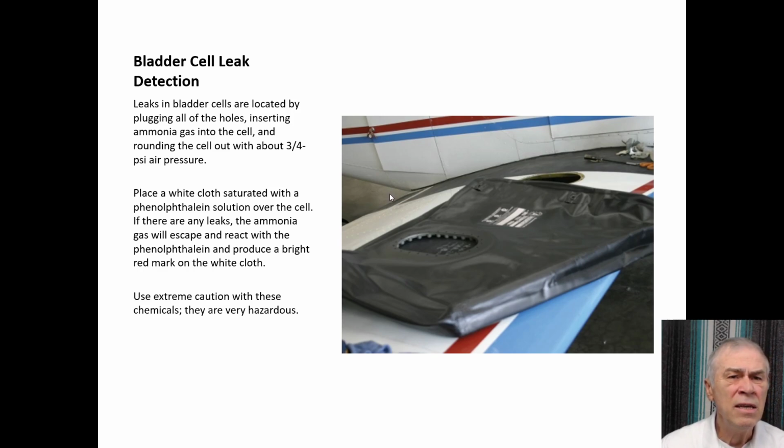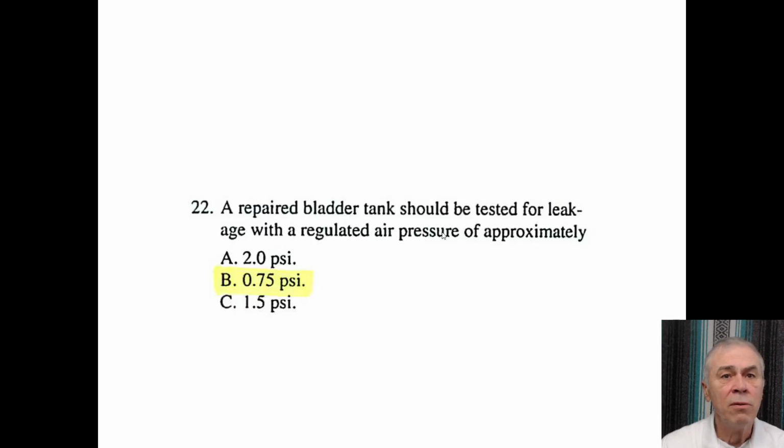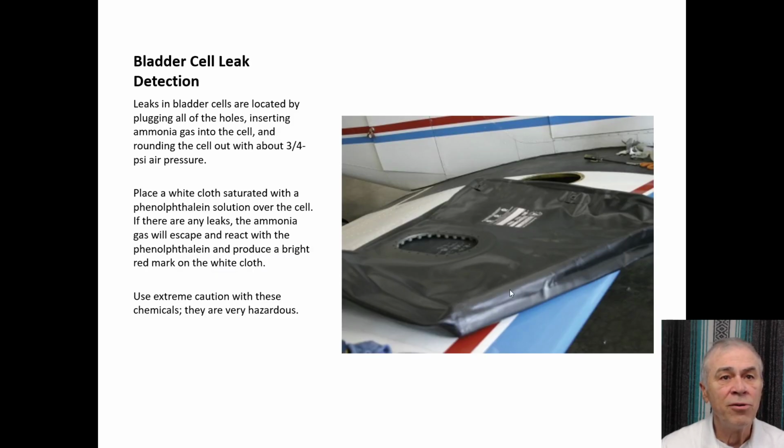If there are any leaks, the ammonia gas will escape and react with the phenolphthalein and produce a bright red mark on the white cloth. All right, that's quite a little maneuver right there. But I did run across this question about what regulated air pressure, so in doing my research, this is what I came up with.